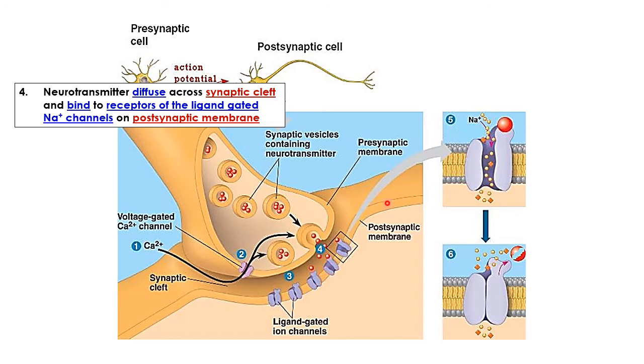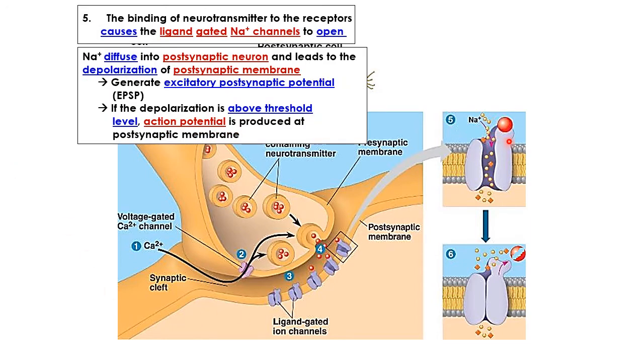This is the postsynaptic membrane, the second neuron. So the neurotransmitter will diffuse along the synaptic cleft and bind to the ligand-gated sodium ion channel on the postsynaptic membrane. Binding of the neurotransmitter causes the ion channel to open.